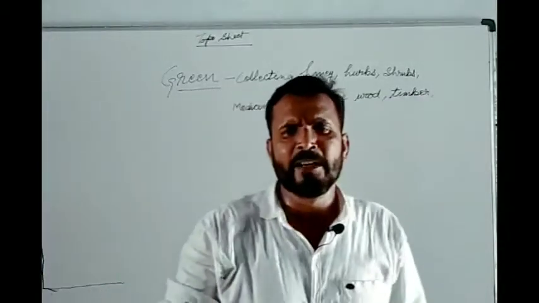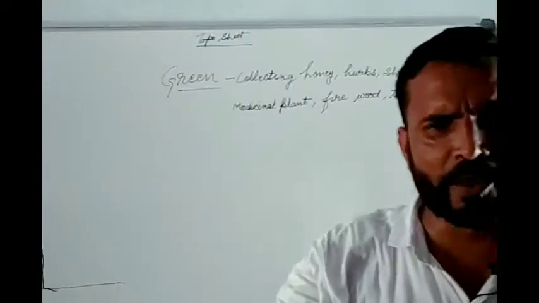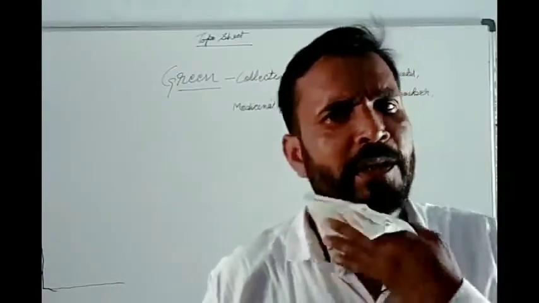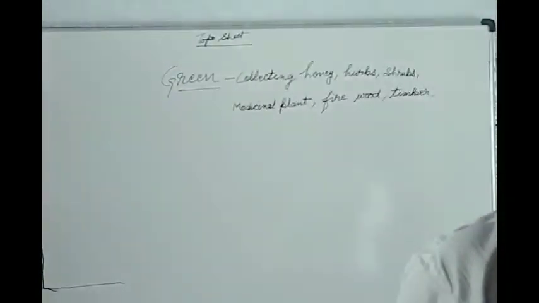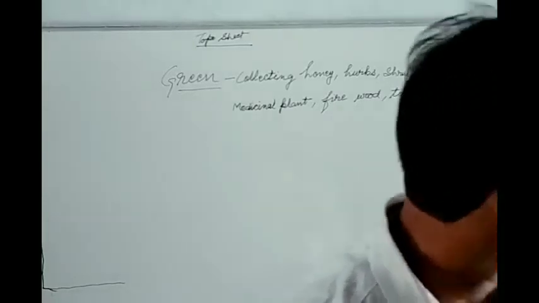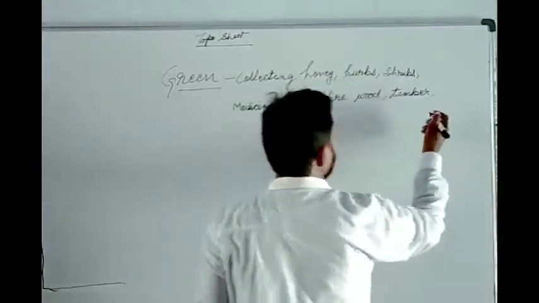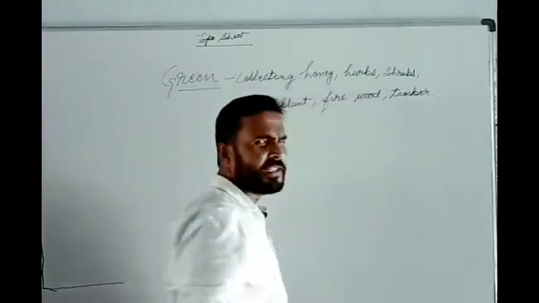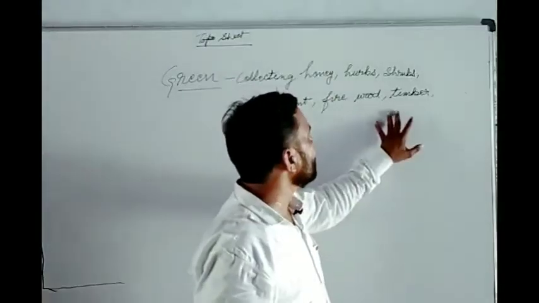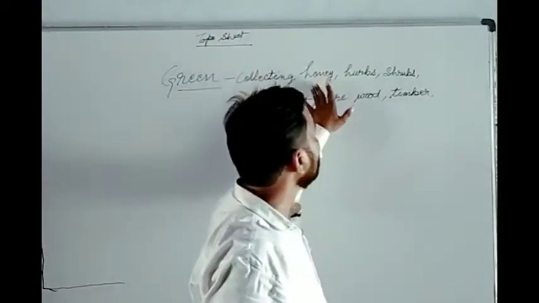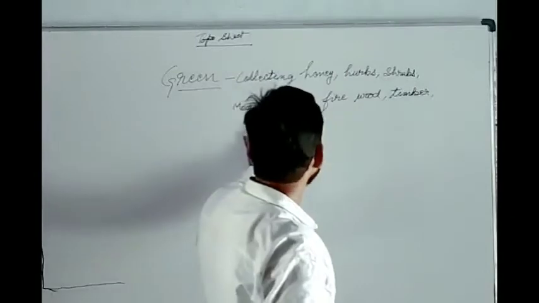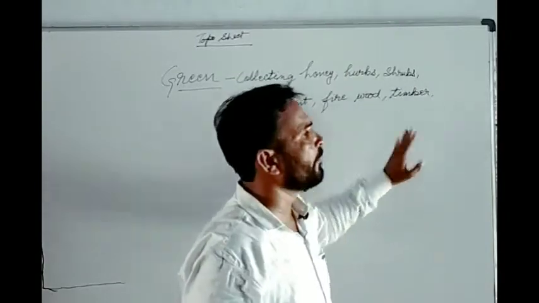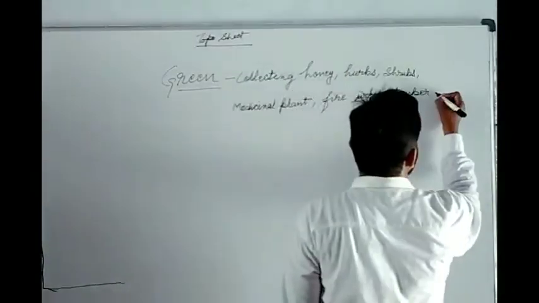Or you can write furniture wood also. Firewood and furniture wood, these two things you can write. Firewood, timber, or furniture wood, same thing. So these things, collecting honey, herbs, shrubs, medicinal plant, firewood, timber, etc.